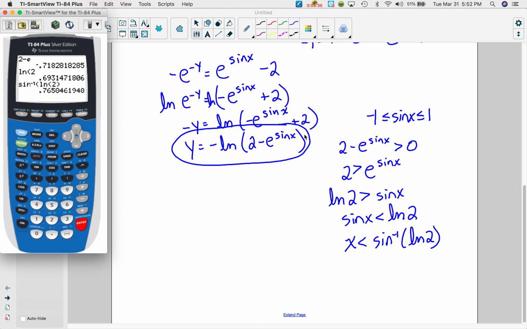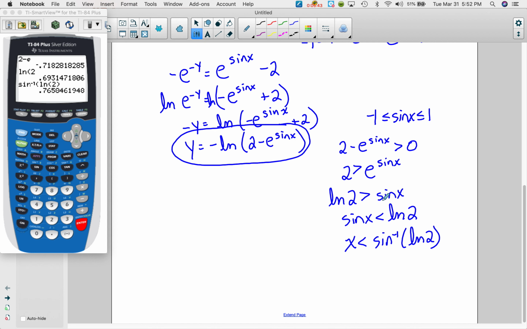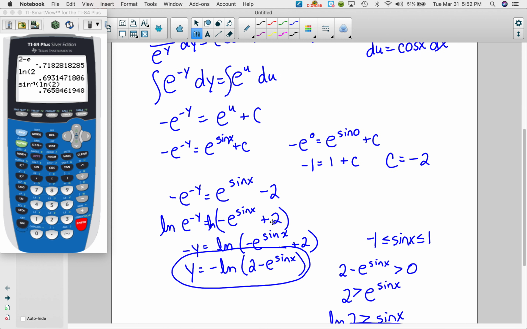This is the answer, and we won't worry about whether there were any restrictions on the domain. If there were restrictions on the domain, I would stop right here, and this would be implicit really and not explicit for x. But anyway, hopefully that answers the question as far as how to do that problem.